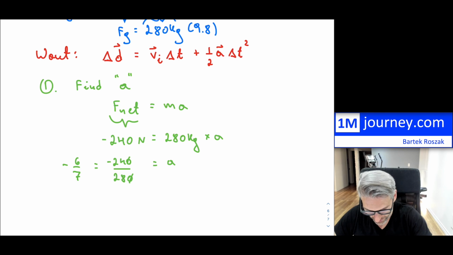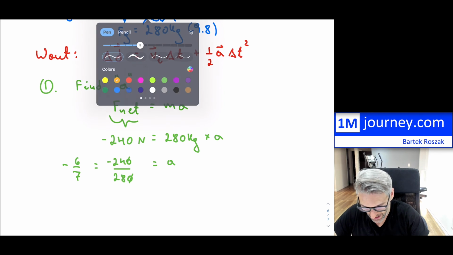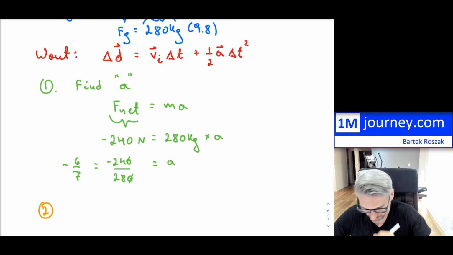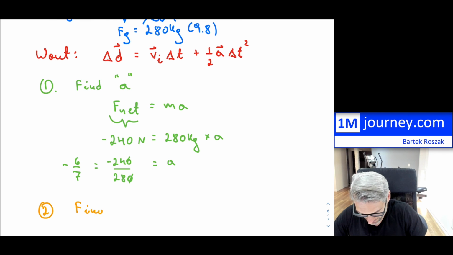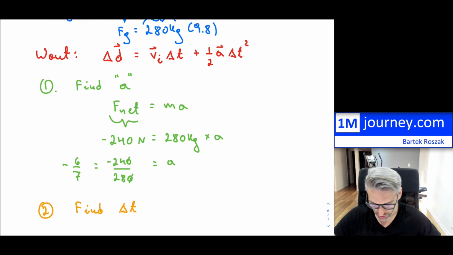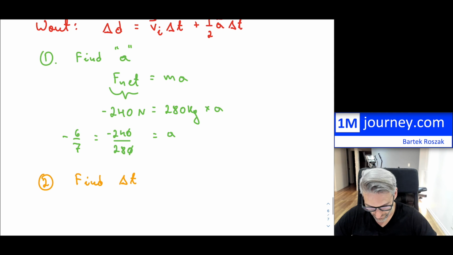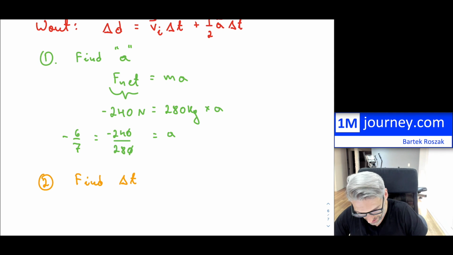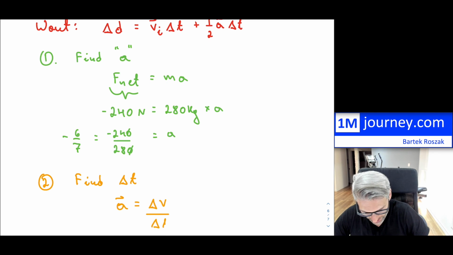So now I have this, and the only piece I'm missing is delta t. That would have been my second item, number 2. How do I find that? I want to find the amount of time it took. I can find that from the fact that acceleration is the change in velocity over the change in time.